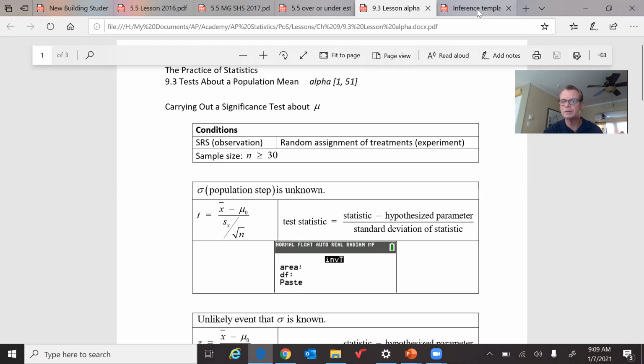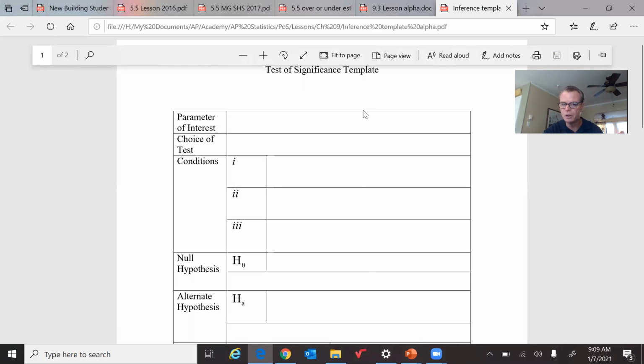Here's the template. Again, this is in the chapter 8 and chapter 9 Canvas folder. And when we do the inference questions to be graded on through AP Classroom in the spring, I expect you to be using this template.